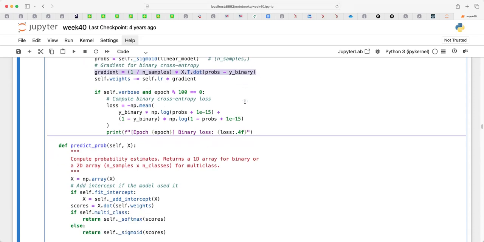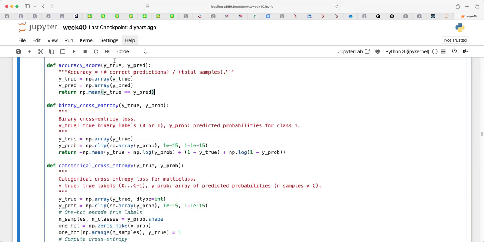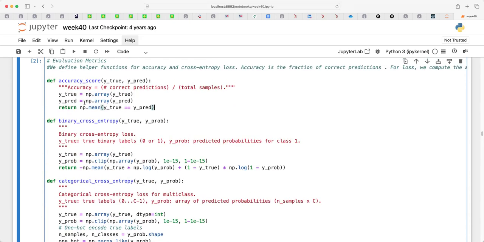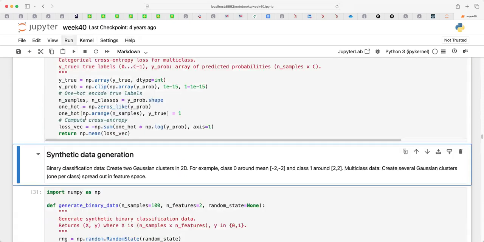If I run this, we have the accuracy score, which is a typical score. You can also calculate the cost function. The accuracy score simply counts the mean value of the number of correctly predicted events. Now, this case is a vanilla data set where I just make classes with Gaussian distributions, so it's a very easy thing to train.